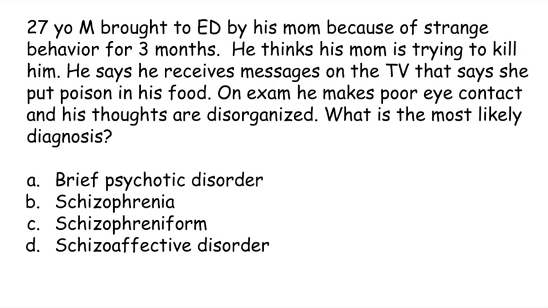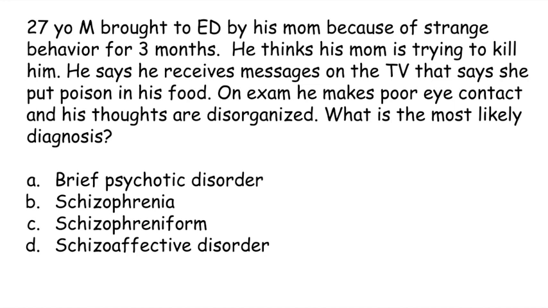A 27-year-old male is brought to the emergency department by his mom because of strange behavior for 3 months. He thinks his mom is trying to kill him. He says he receives messages on the TV that says she put poison in his food.